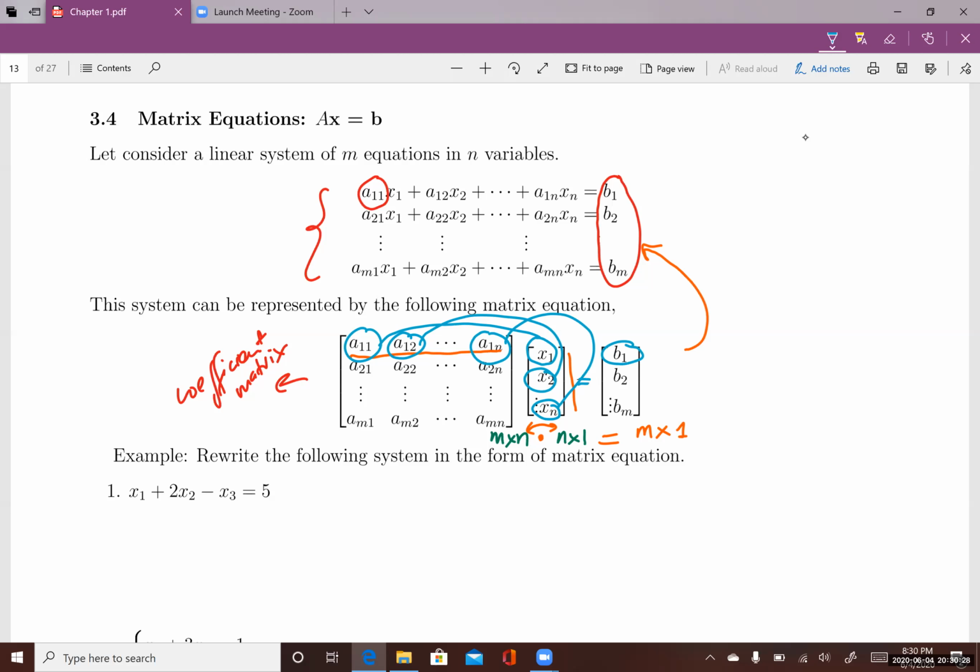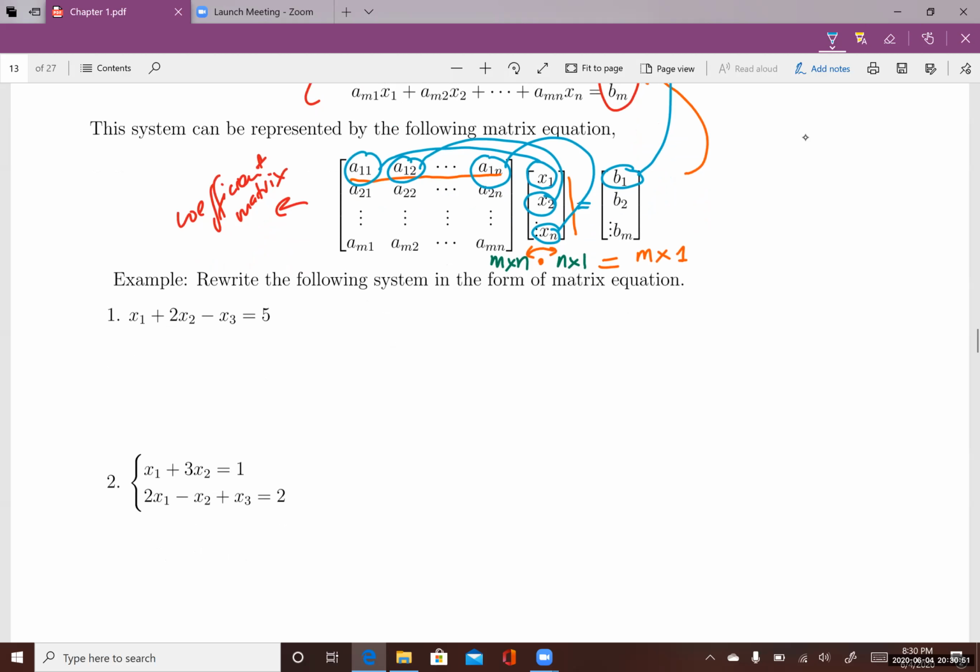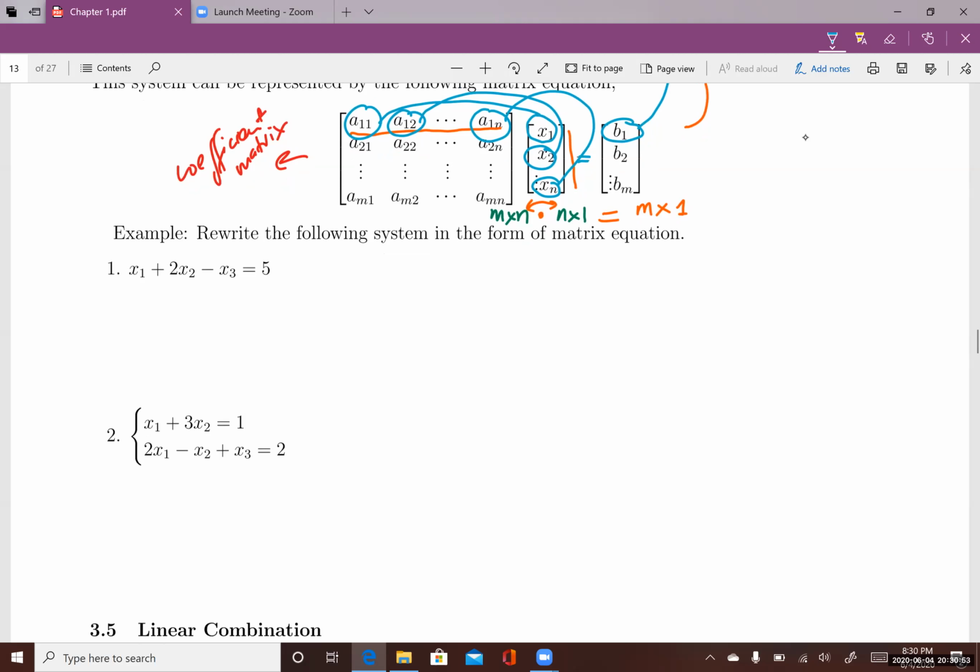That will be the first equation of the linear system. This is how I check whether this matrix equation is a good representation for this linear system of equations. Okay, let's do a couple of examples here.